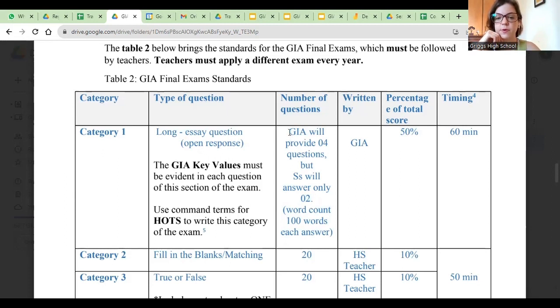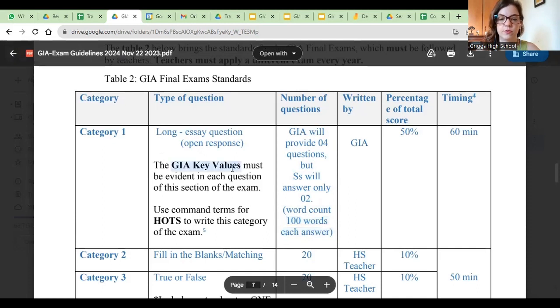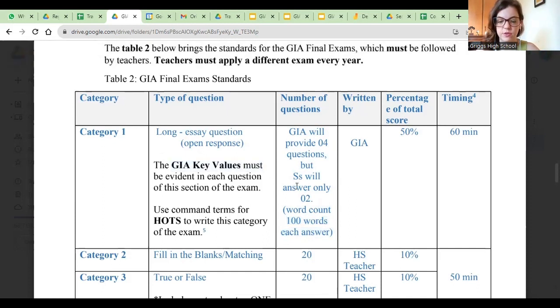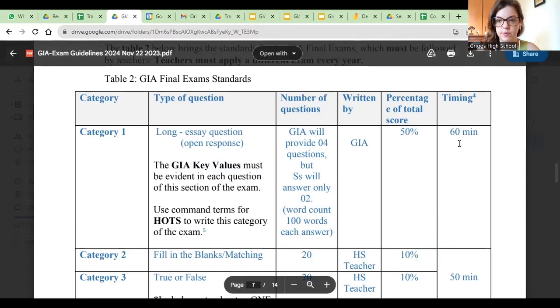So it's important that you prepare your students to answer these questions. Practice 100 words writing with them. Remind them to include the GIA key values. Have lots of writing assignments so that they're ready for this moment. And they have 1 hour to complete this task.